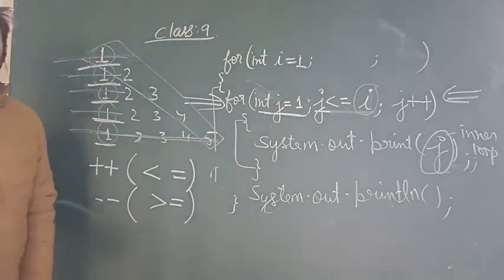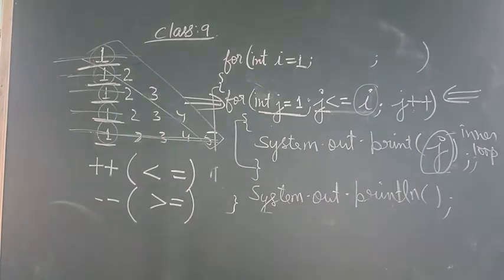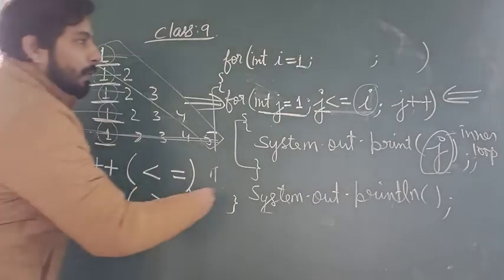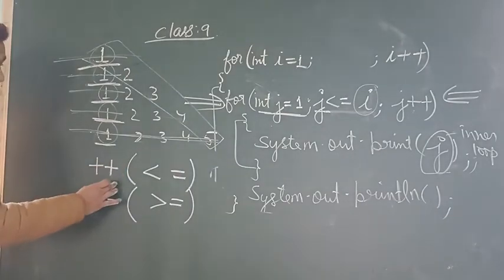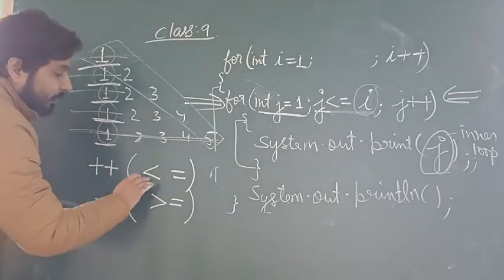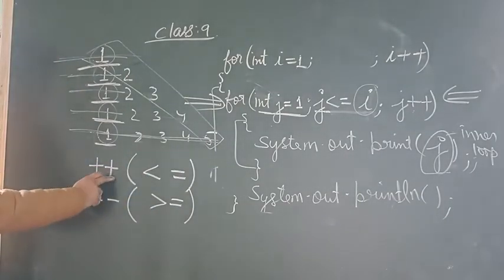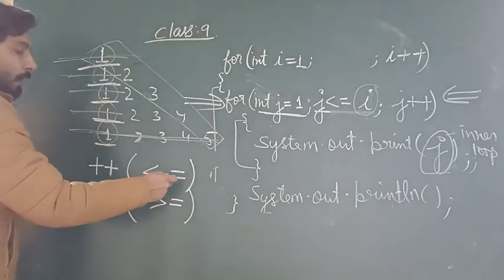That means the value is increasing by 1. So we have i plus plus, and in the condition, when we have plus plus, it will go to less than or equals to.